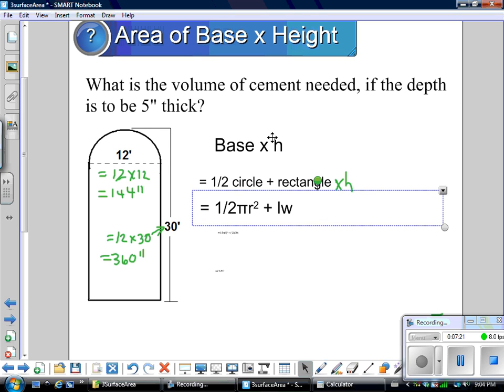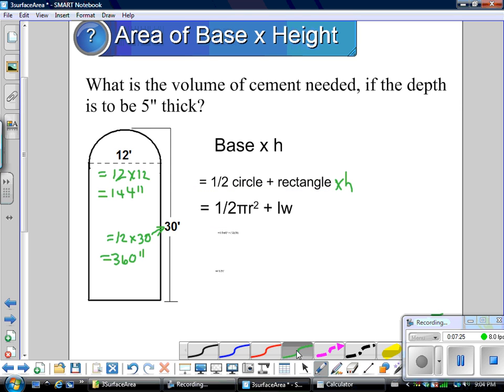Now, if I'm following this formula down through here, what I also need to do, if I'm going to have times h, is be careful form-wise. I need to add these items together first before I multiply it by the height.